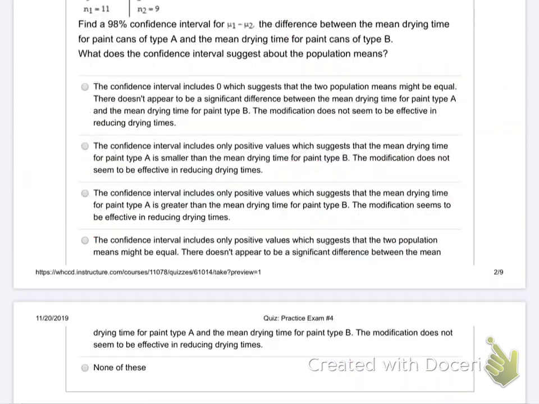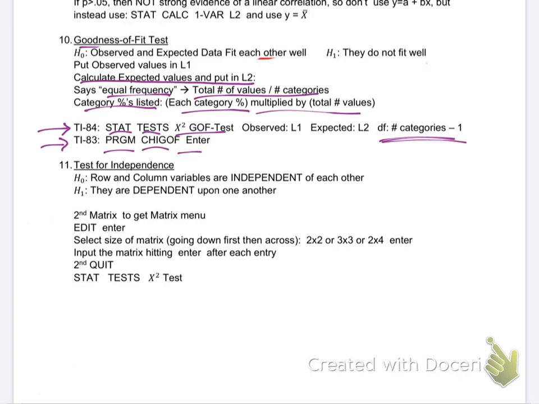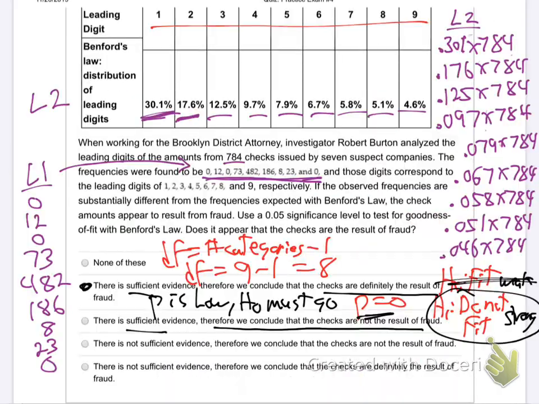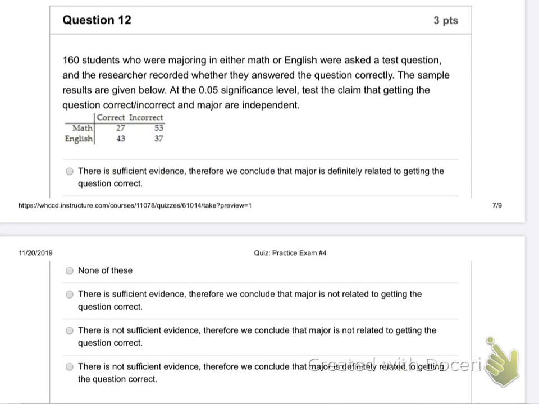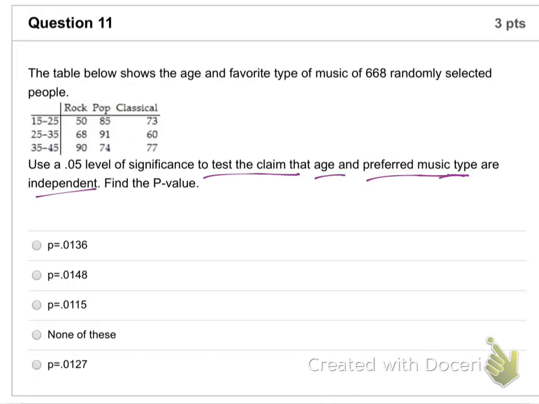So going back to the exam 4 notes, number 11, test for independence. H0 is that the row and column variables are independent. H1 is they're dependent. And you have to put the data in a matrix in your calculator. So we go second, matrix.